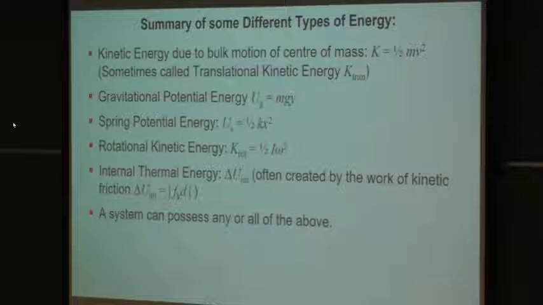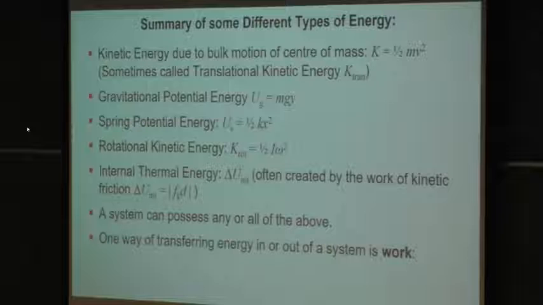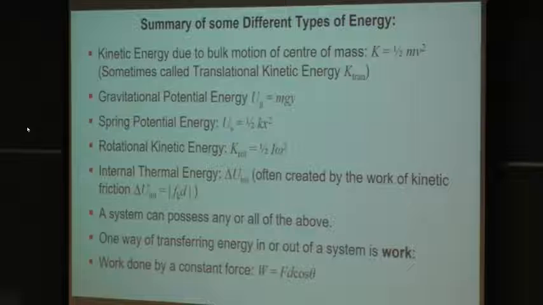And sometimes it's 0 because there's no spring or something, or it doesn't change its y position. But you have to add these all up if you're going to do a conservation of energy problem. Unless you put work into or out of the system, you can do that using work, and the work is the force times the displacement times the cosine of the angle between the force vector and the displacement.